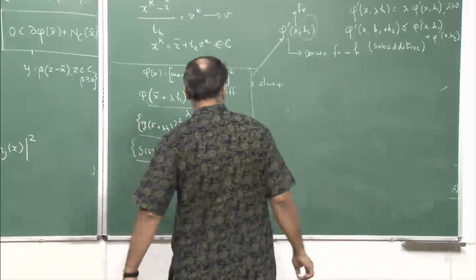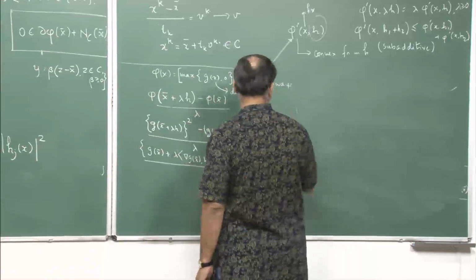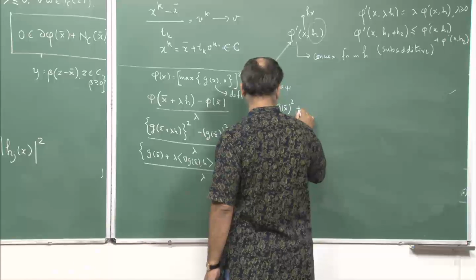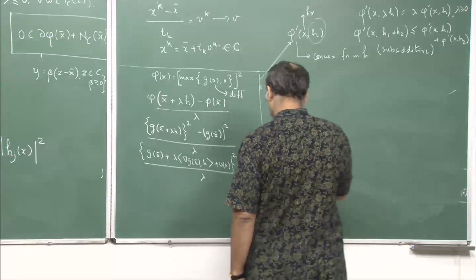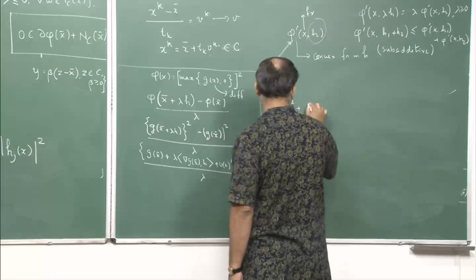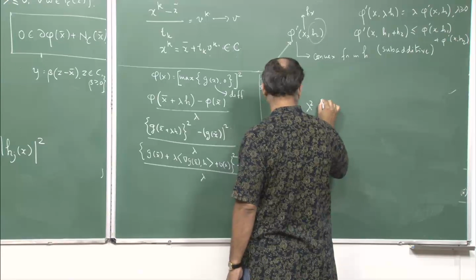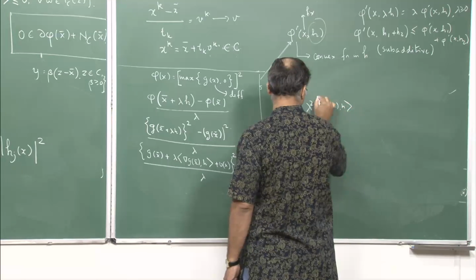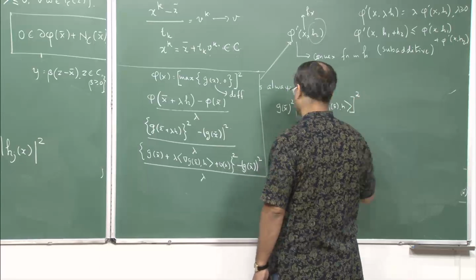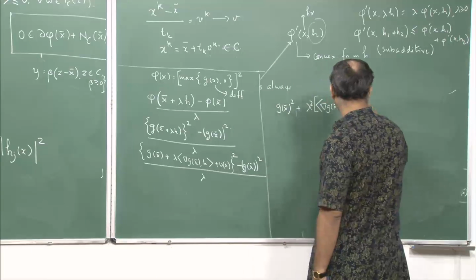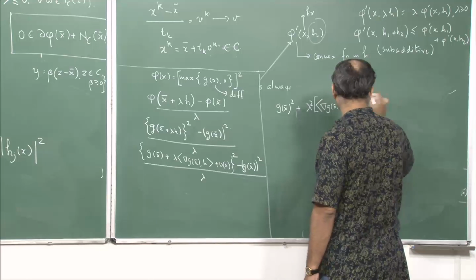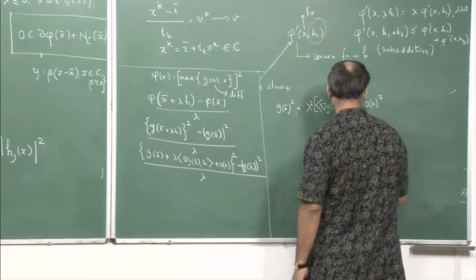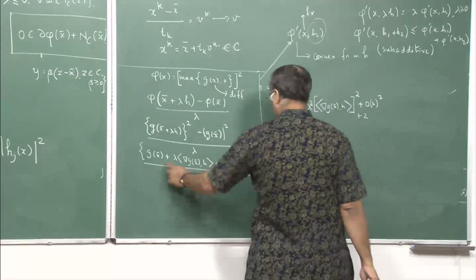If you look at a plus b plus c whole square, then you will get basically a square plus b square plus c square plus 2 into AB, AC, BC.